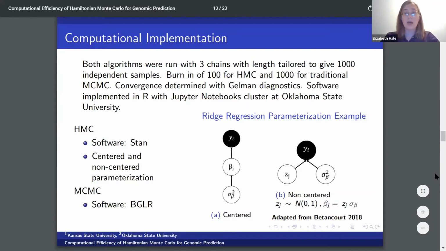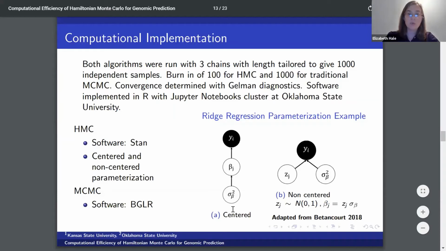Some differences arose between the softwares that we used. Stan came with a lot of options for fine-tuning the algorithm HMC, and also presented us with an option between a centered and a non-centered parameterization for our models. This idea of centered versus non-centered parameterization arises from the fact that we're working with a hierarchical model that has parameters that are dependent on each other. When we have a centered parameterization, that dependency is direct.